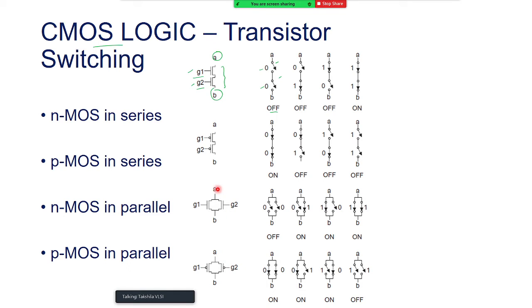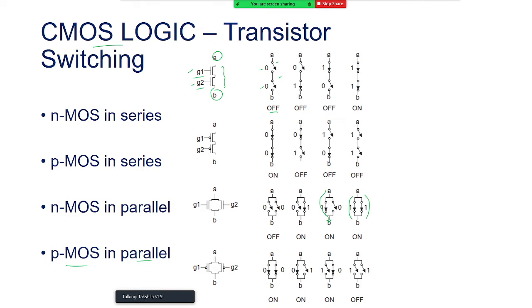So let's see at what possible combinations A connects to B. When G1 and G2 are 0 0, we see both switches are open, so A is not connected to B. When G1 is 0 but G2 is 1, this switch is on and A is reaching B through this line. Here is the connection. Similarly, A reaches B when G1 is at logic 1, and A reaches B when both switches are on, and that's how we see that.